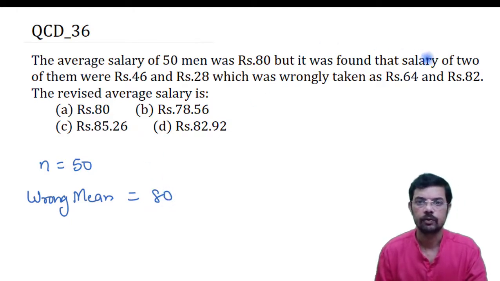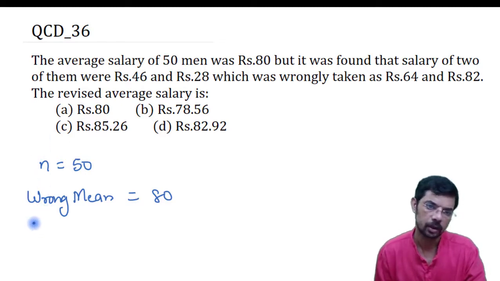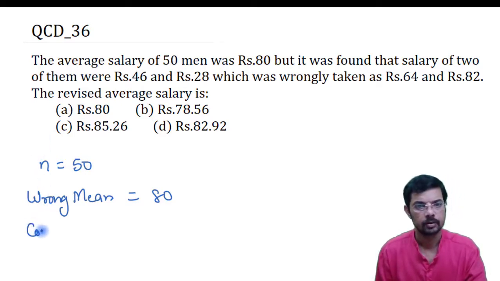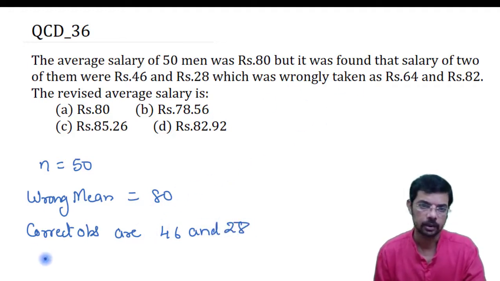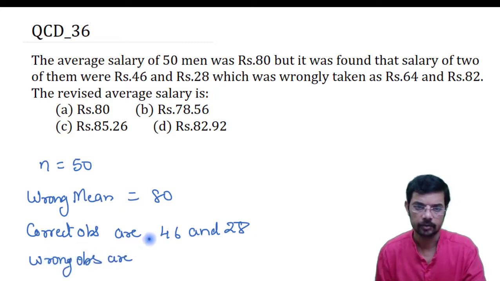And it was found that the salaries of 2 observations, the correct observations, are 46 and 28. And which were wrongly taken as, that is the wrong observations, are rupees 64 and 82.